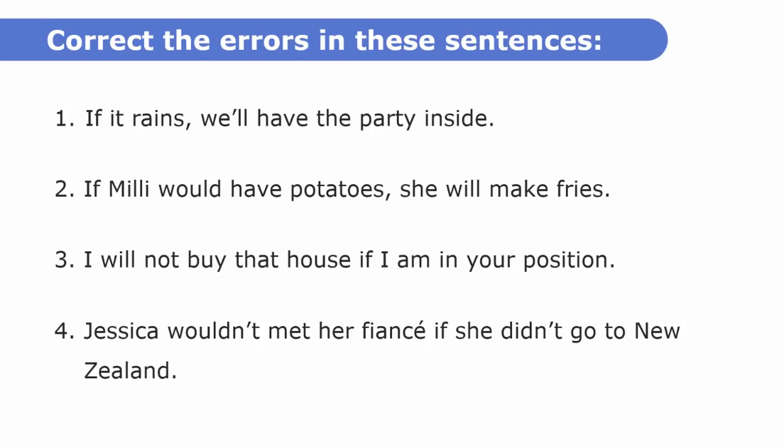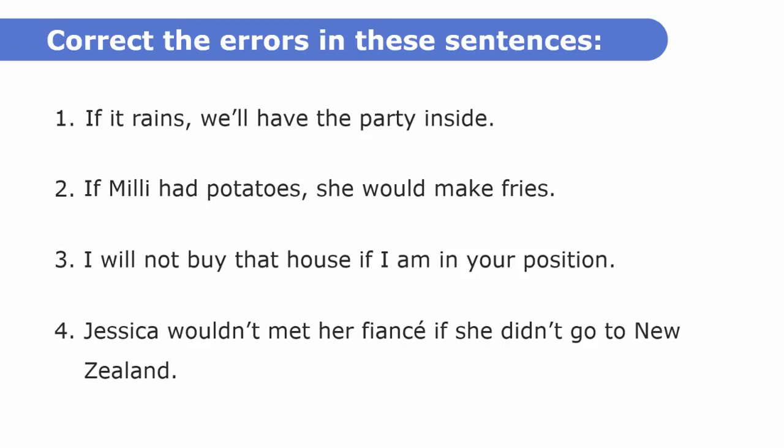Remember that we formed the second conditional using a past simple sentence in the condition. So we have to change this to if Millie had potatoes, that's the condition, and in the result we need would. So she would make fries. So the sentence is if Millie had potatoes, she would make fries.